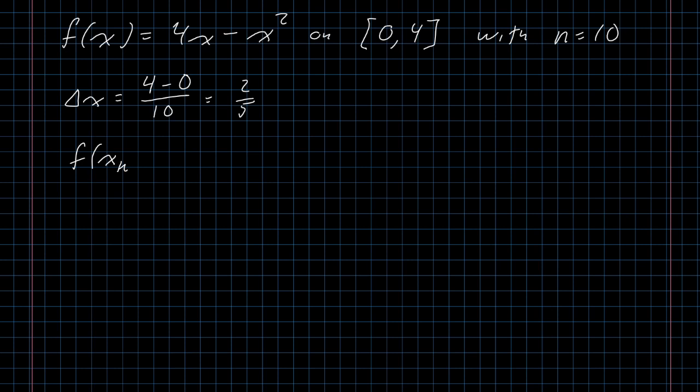Our function is going to be f of a, which is 0, plus k times delta x, which is 2/5, or just f of 2/5 k.